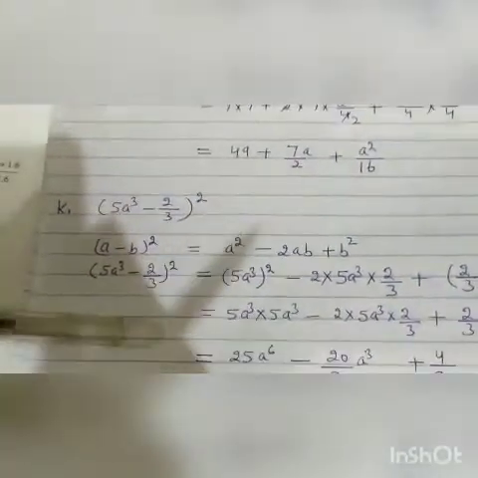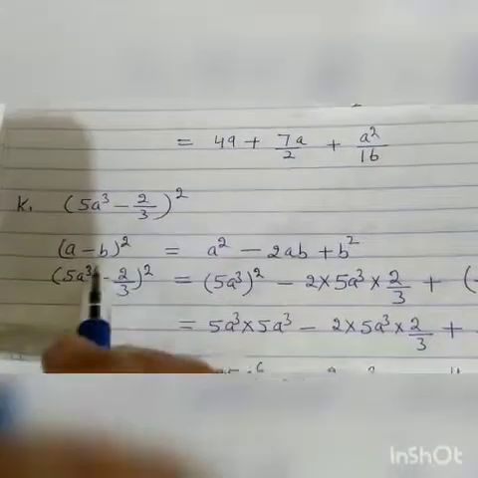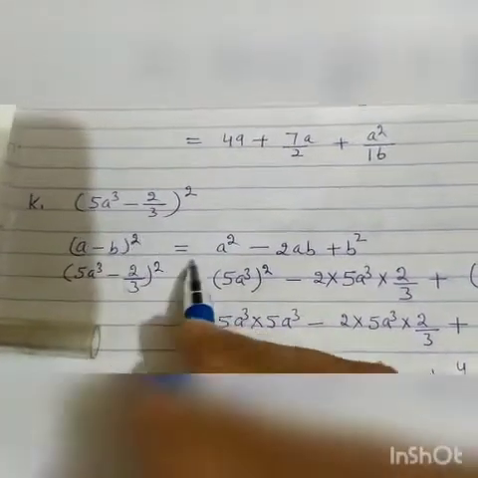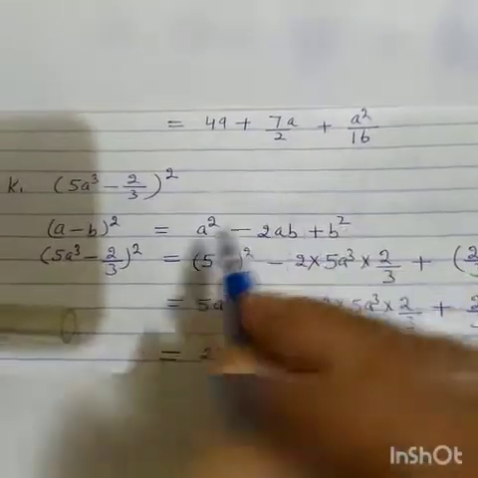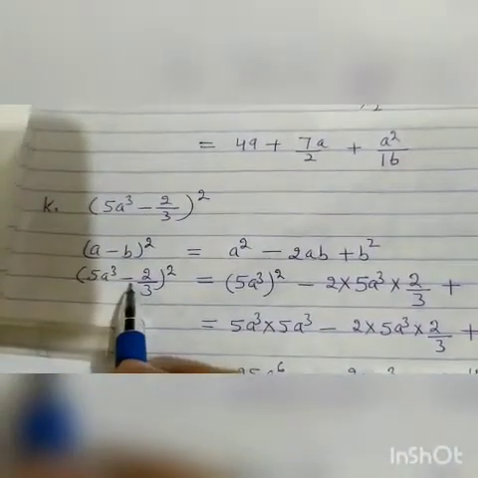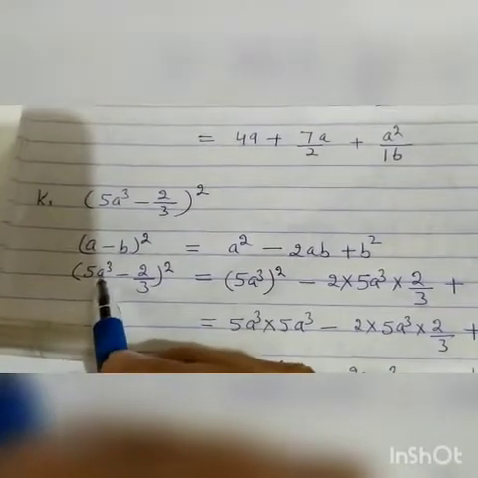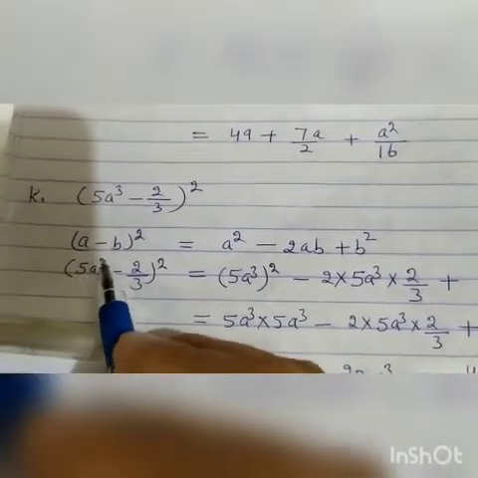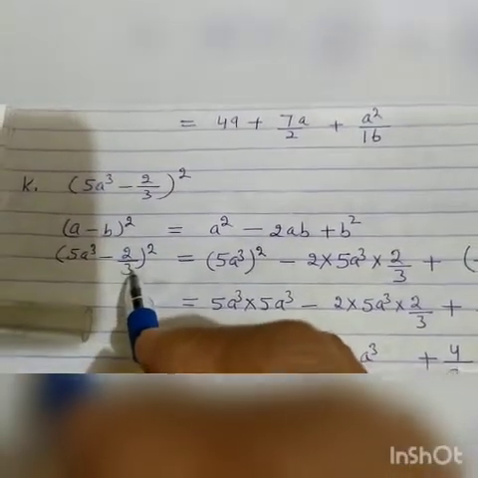Next, K part. (5a cube minus 2 upon 3) whole square. (a minus b) whole square is equal to a square minus 2ab plus b square. So (5a cube minus 2 upon 3) whole square. What is the first term? 5a cube, we will take this as first term, and second term 2 upon 3.